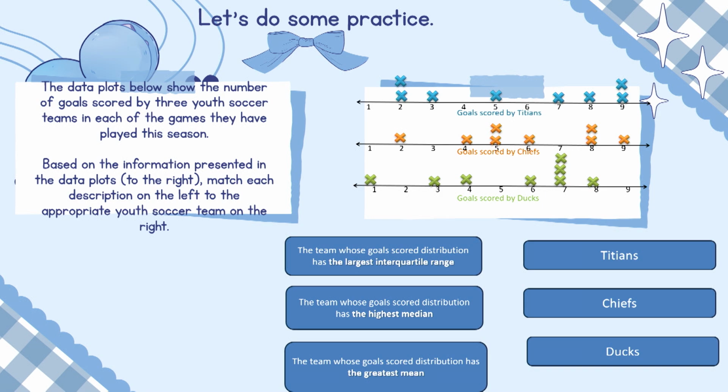Then in list 2, let's go ahead and put Chiefs. We can put 1 2, 1 4, 2 5s. We can put 1 6, 2 8s, and 1 9. In our list 3, we're going to put the Ducks. So we have 1, 1 3, 1 4, 1 6, 3 sevens, and then 1 8.